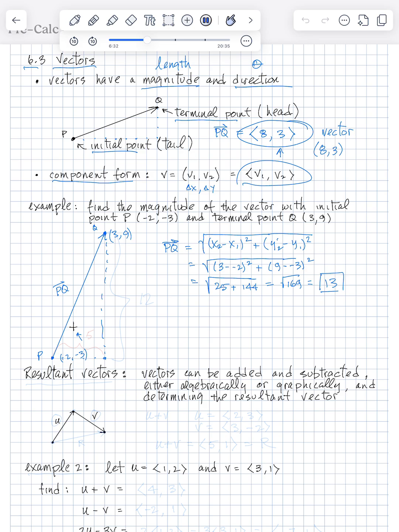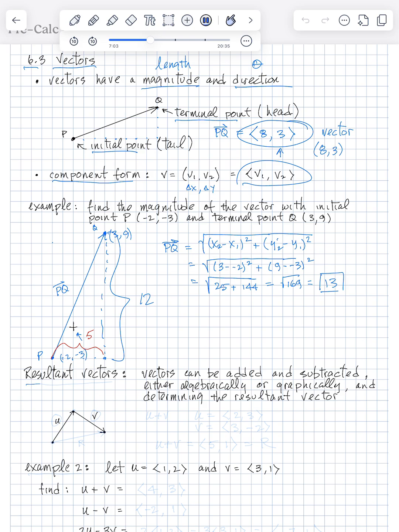So this is 12, and from here to here, that's 5. So you can get it the same way. And remember, the magnitude is just the length. So the length of this PQ is 13.